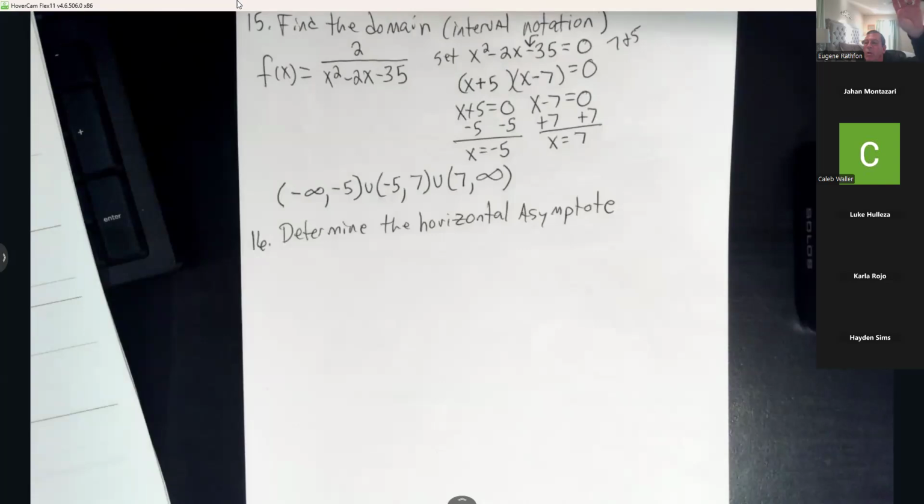If the exponent on top was larger, there was no horizontal asymptote. If the exponent on bottom was larger, then it was y equals 0. If the exponent on top and bottom were the same, then we looked at the ratio of the a over b, which was the lead coefficients.